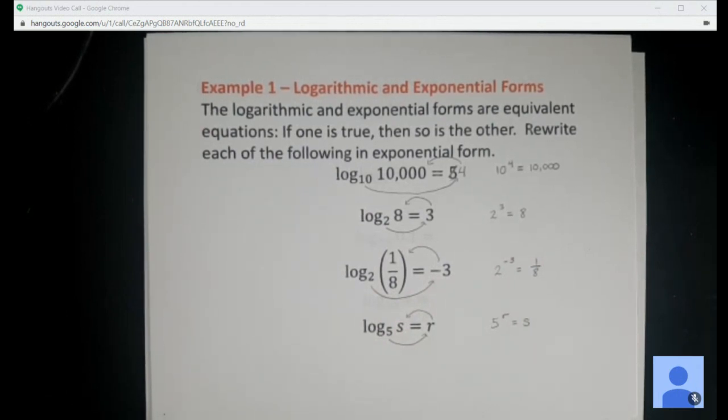Any questions on any of those and how we go from log form to exponential form? Anybody need more time on that one now?